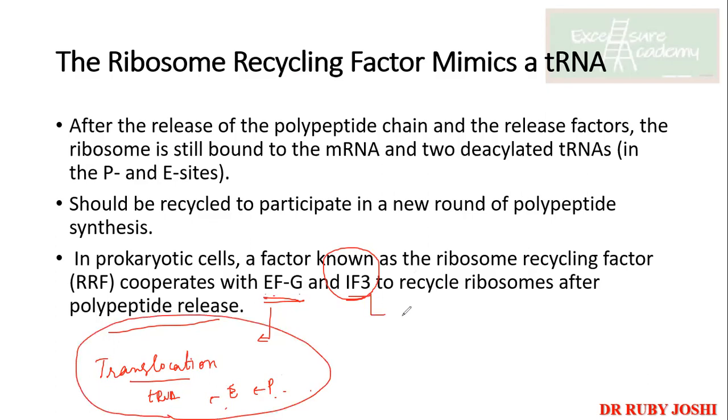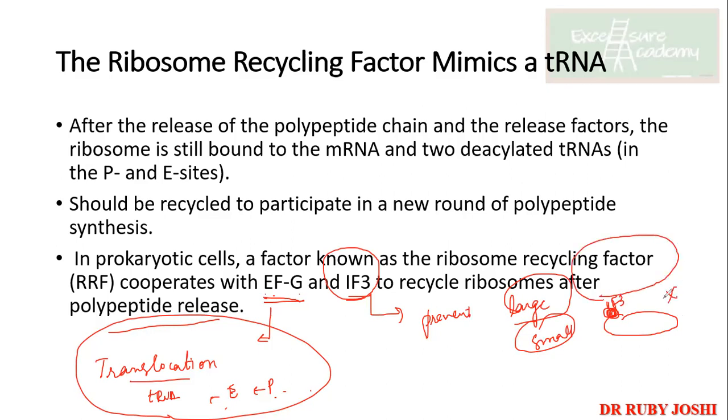Now, IF3, if you remember, was there to prevent the premature binding of the large subunit to the small subunit. There was one figure in which you can see the small subunit like this, and here IF3 comes and binds. Because of the presence of IF3, the large subunit was not able to bind. So that was to prevent the premature binding of the large subunit to the small subunit.